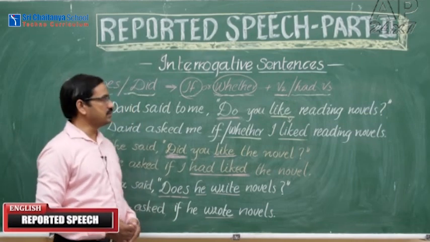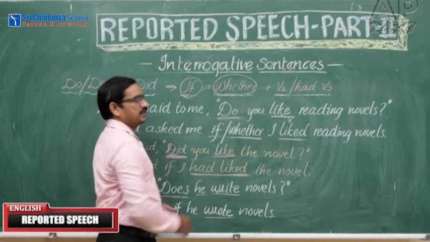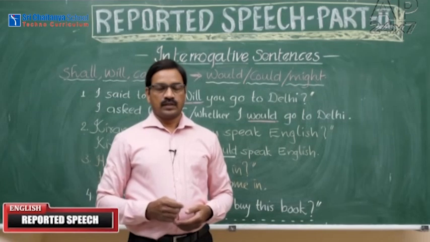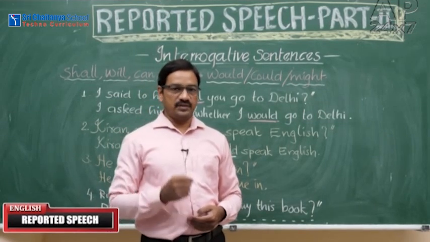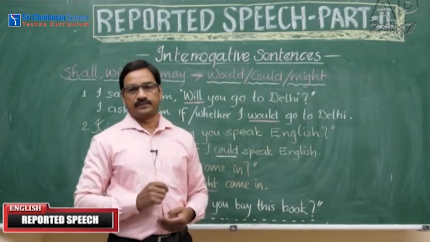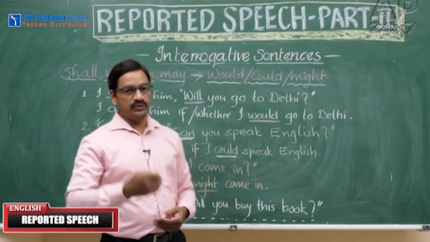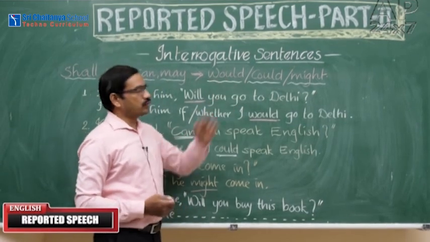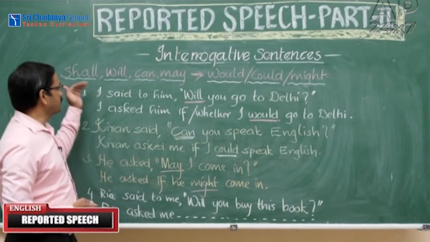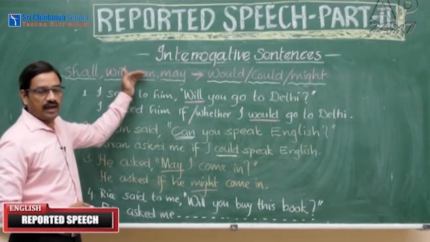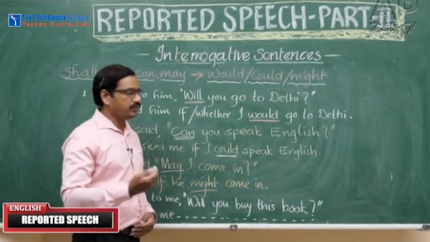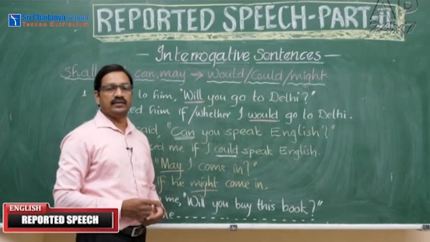So yes or no questions will take if or whether in the indirect speech. Yes or no questions starting with shall, will, can, may will be converted into would, could, might in the indirect speech.